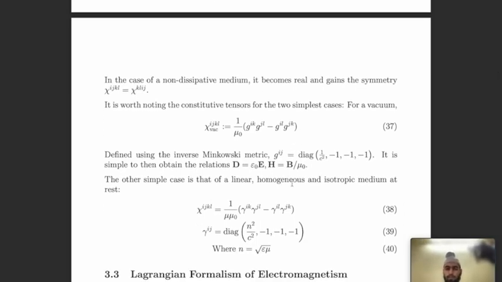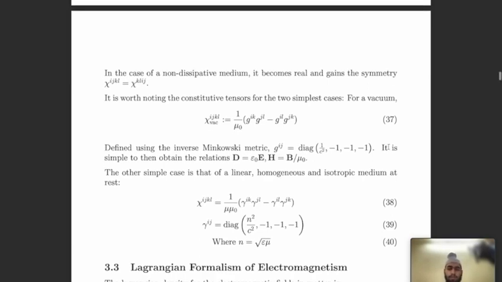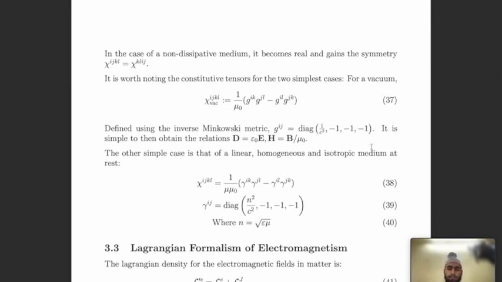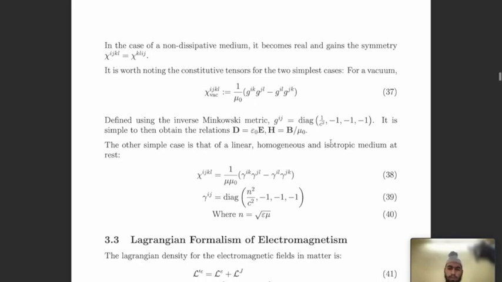We'll discuss two simple cases of the constitutive tensor. When in a vacuum, the constitutive tensor is written purely in terms of the Minkowski metric and the vacuum permeability mu naught as such, and it is straightforward to obtain the vacuum relations D equal to epsilon naught E and H equal to B by mu naught from this.